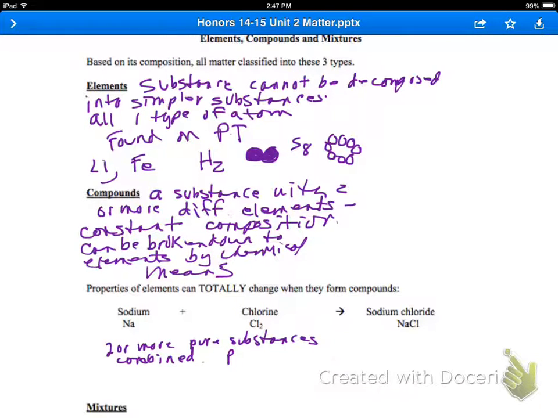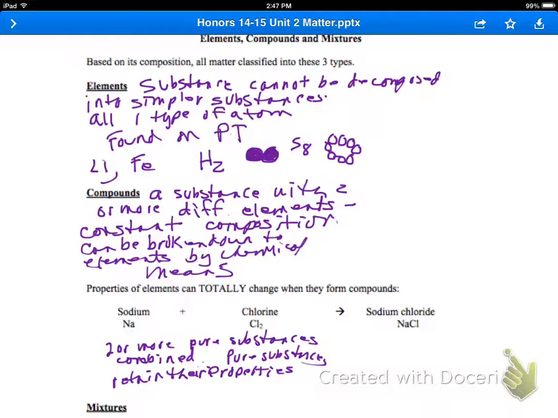There's not a lot of space down here. So a mixture is two or more pure substances that are combined. And those pure substances, when they are combined, retain their properties. So if I were to make salt water, which would be a mixture of salt and water, it still tastes salty. It still has a watery feel to it.